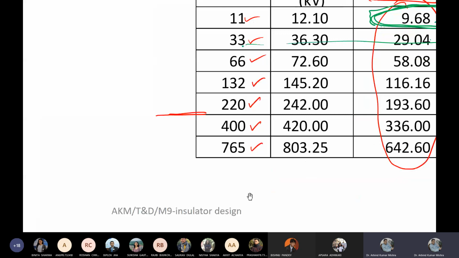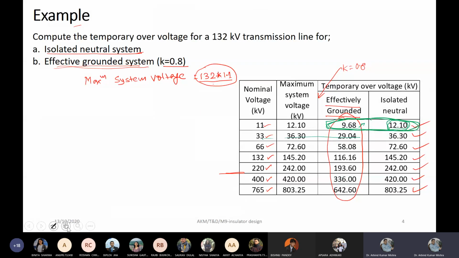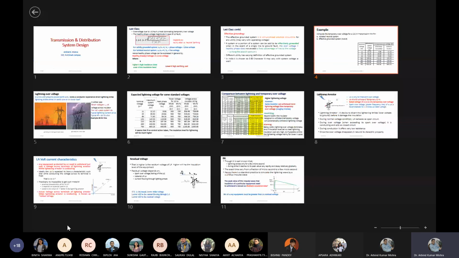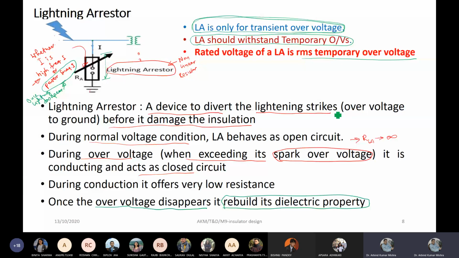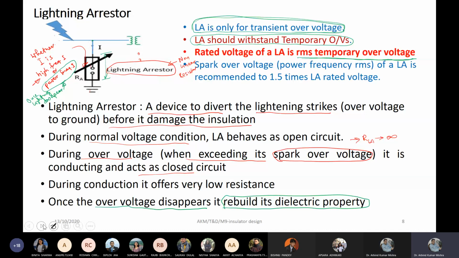The rating of the lightning arrestor means that it must withstand that power frequency over voltage without any sparking or any conduction. Therefore, the spark over voltage of this lightning arrestor must be greater than this voltage.